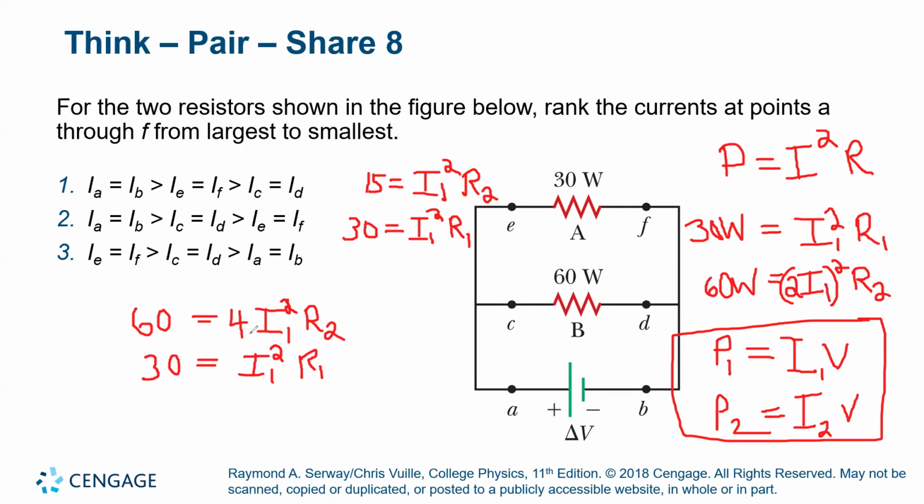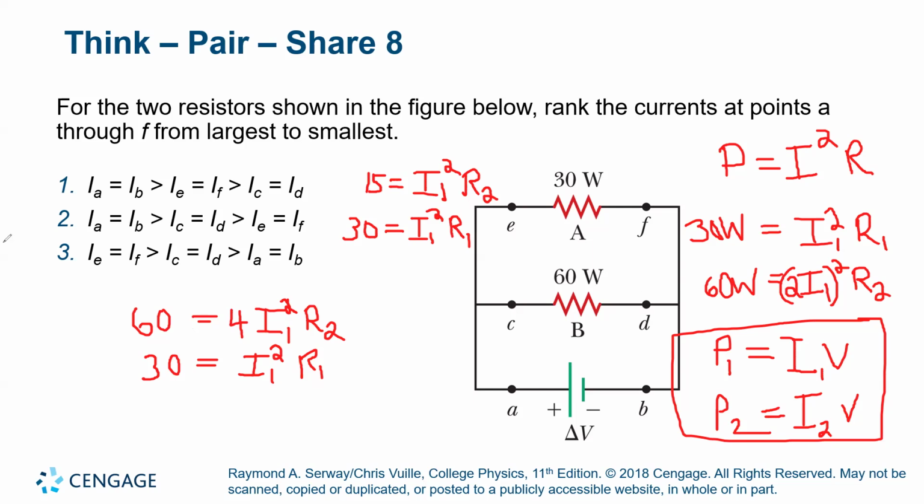And I'm going to use the fact that the currents have a 2-to-1 ratio. So I'm going to remove that variable. So now I have for the smaller power value just I1 squared R1. And then the 60-watt branch is going to be (2I1) squared R2.